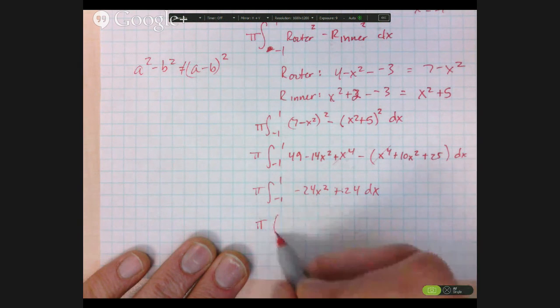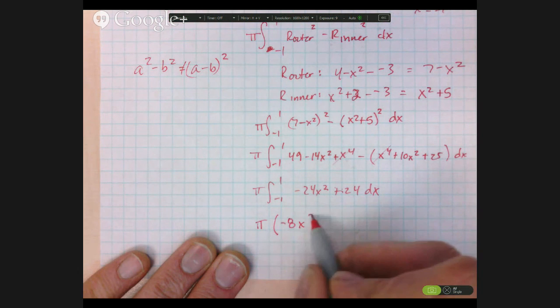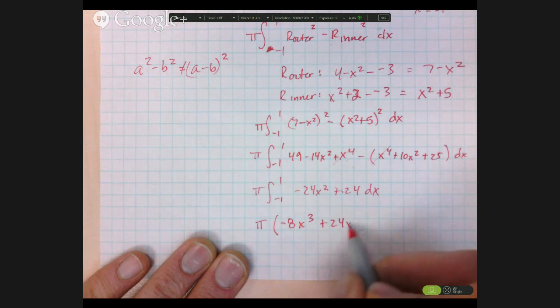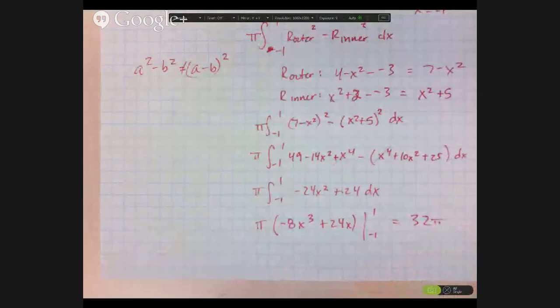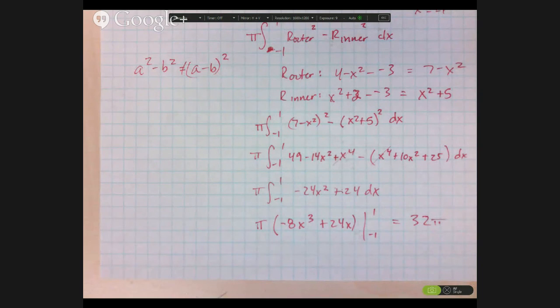Okay. There you go. So the wedding ring has 32 pi units cubed of metal, which is completely a real world application.